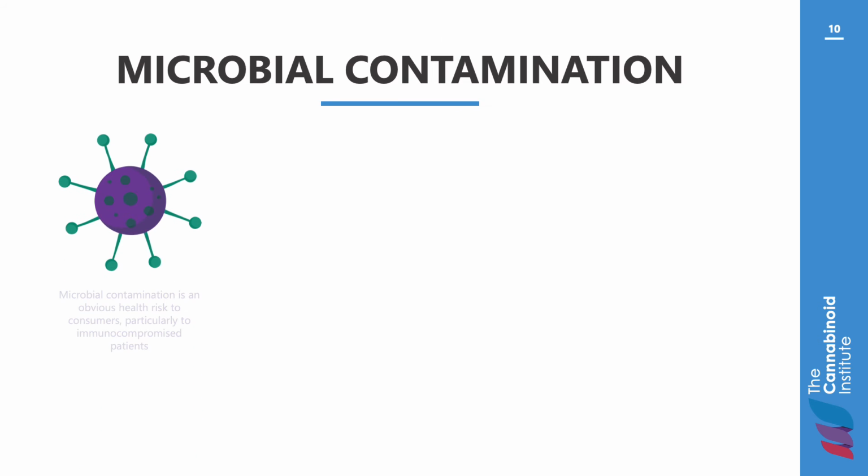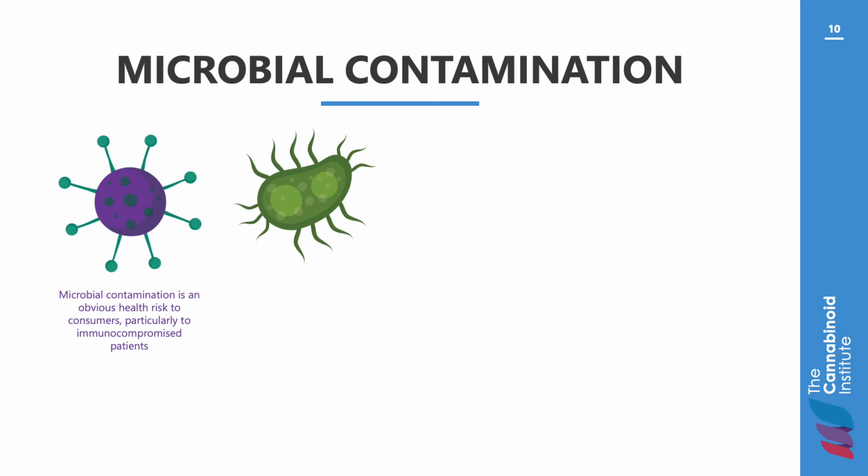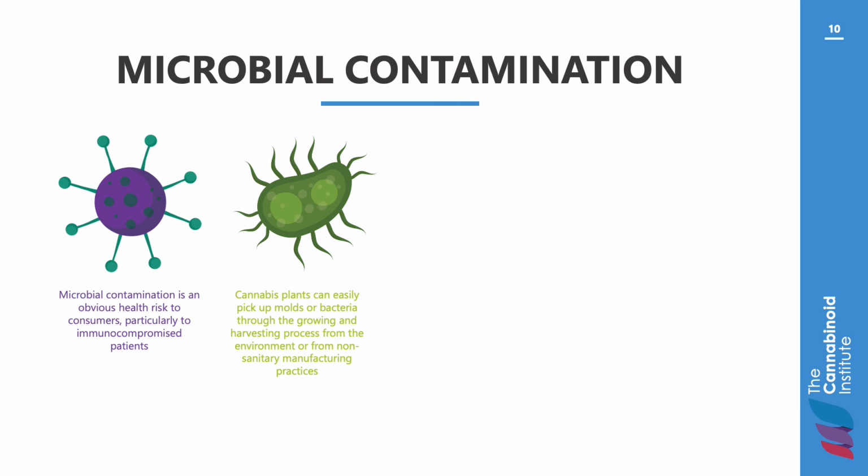Microbial contamination is an obvious health risk to consumers, particularly to immunocompromised patients. Cannabis plants can easily pick up molds or bacteria through the growing and harvesting process from the environment or from non-sanitary manufacturing practices. Outbreaks of hepatitis A and B, as well as salmonellosis, have all been reported.